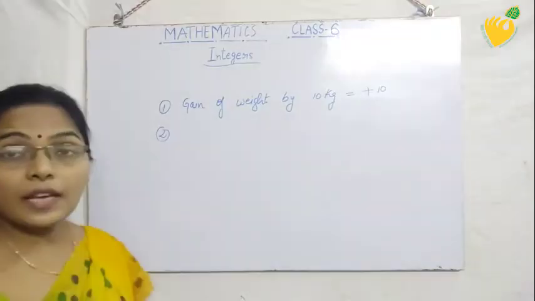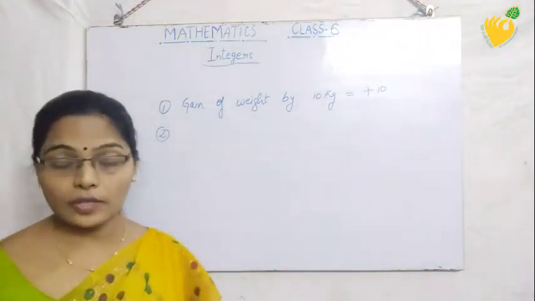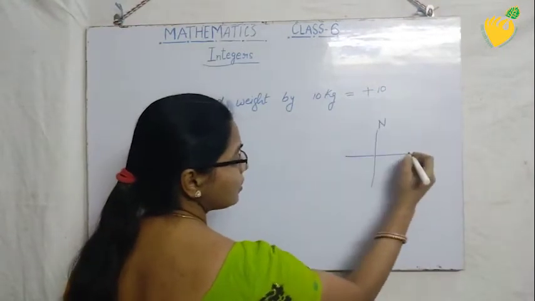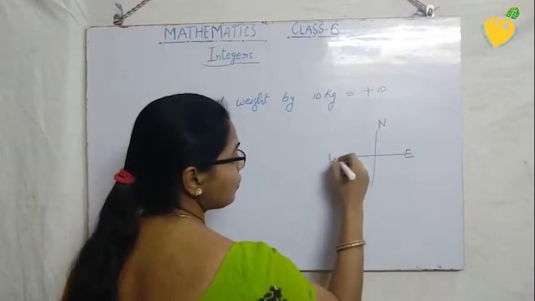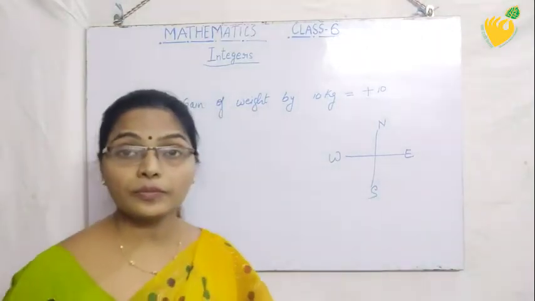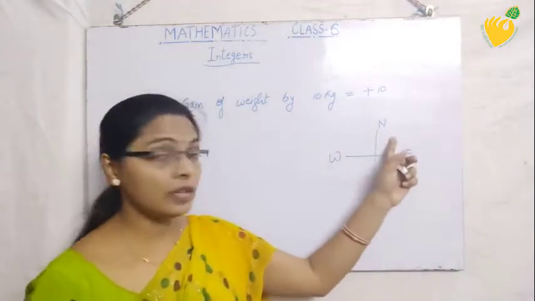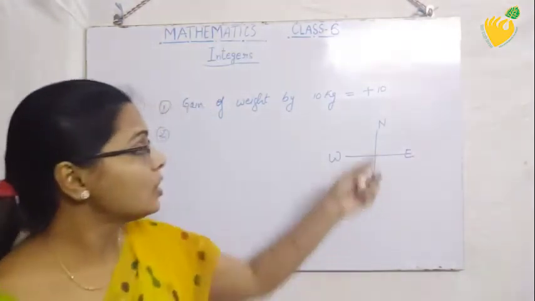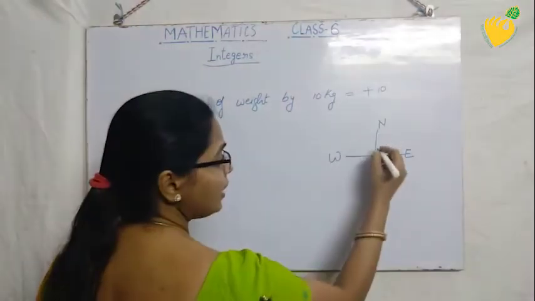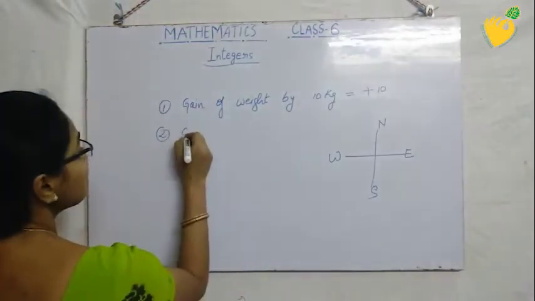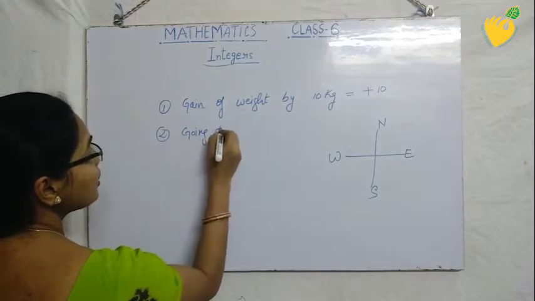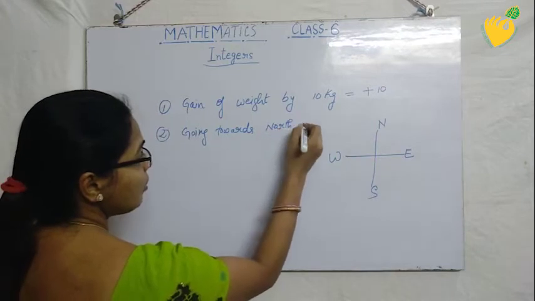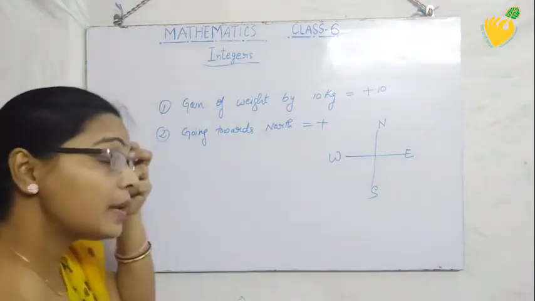Now suppose second we are going towards north, east, west, south. So students, this we all know: north, east, west and south. So going towards north, that means we are going upside. This is plus. Going towards north will be represented by plus.